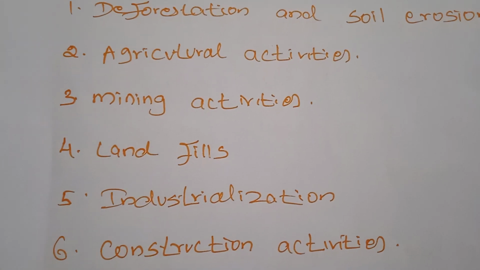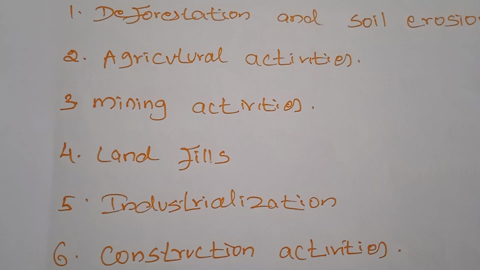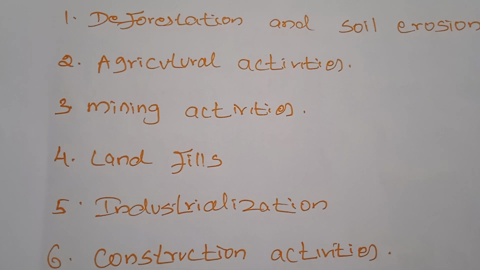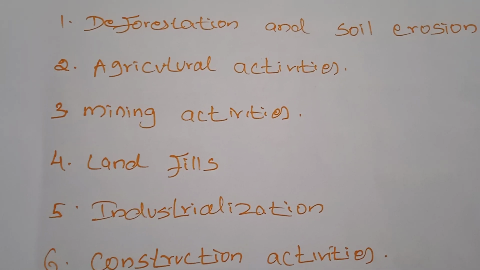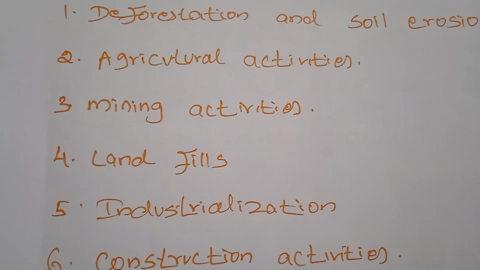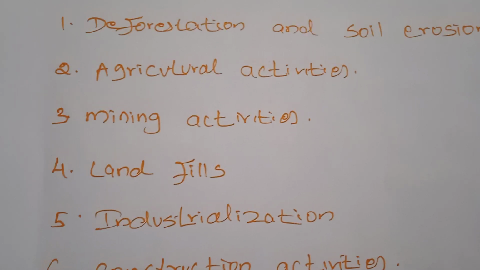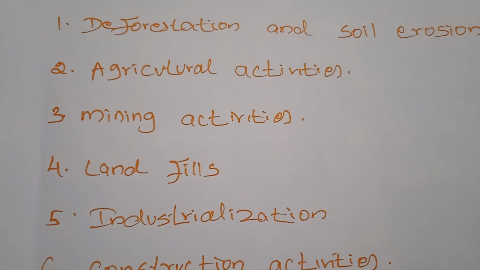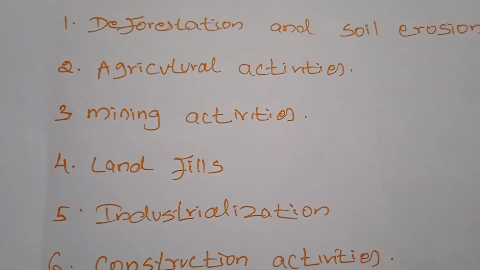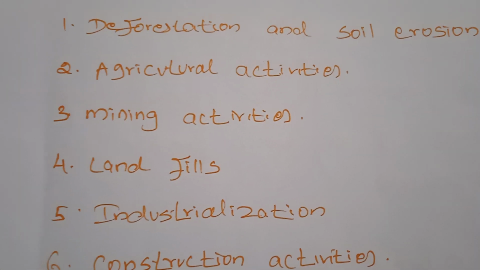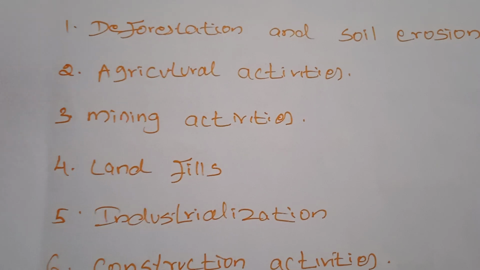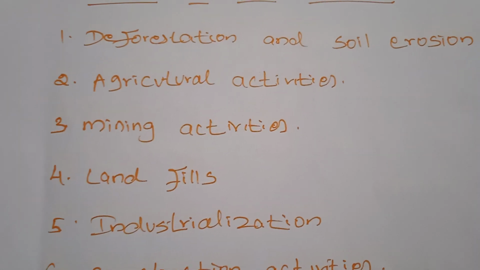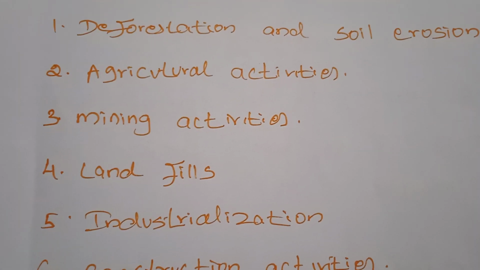Most of the nations are involved in mining activities, the extractive industries. When we are continuously involved in these extractive industries, the land will get polluted, because the layer of the land will get affected.